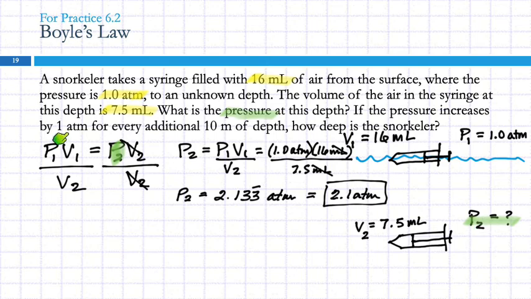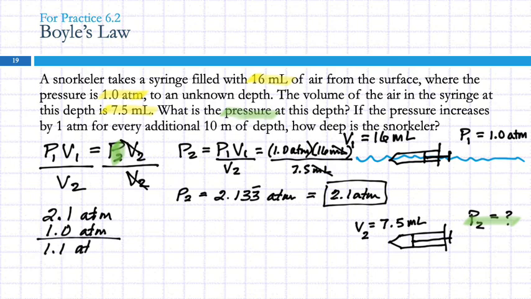This is actually a conversion factor. 1 atmosphere equals 10 meters of depth. So the pressure increases. So I have the pressure down here is 2.1 atmospheres. The pressure that I started at was 1 atmosphere. Did this wrong yesterday.